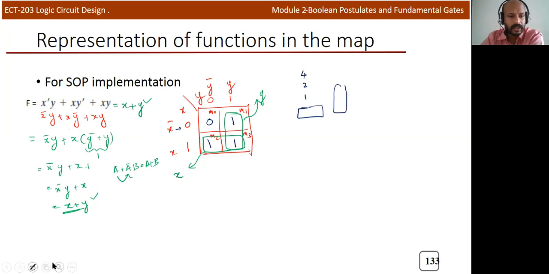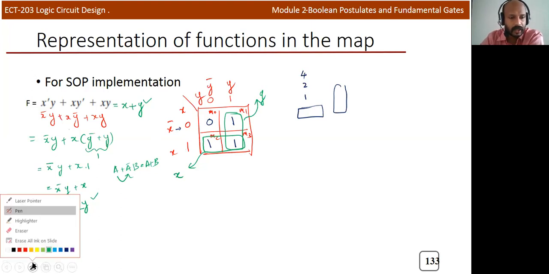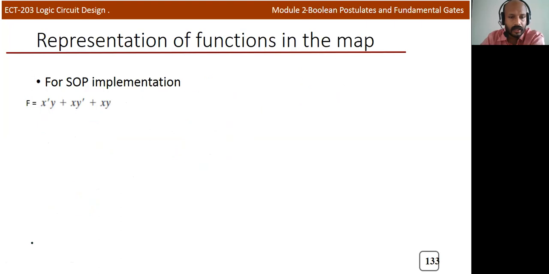Now I will conclude this problem. Already I mentioned that X bar Y, X Y bar, X Y can be marked inside the K map. The same expression I can also represent in terms of min terms.